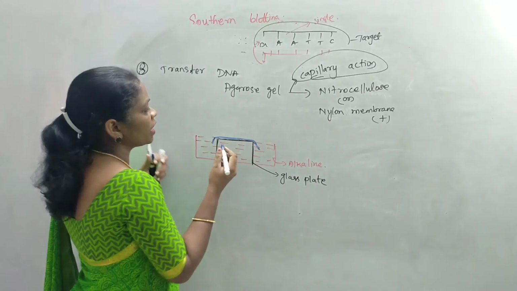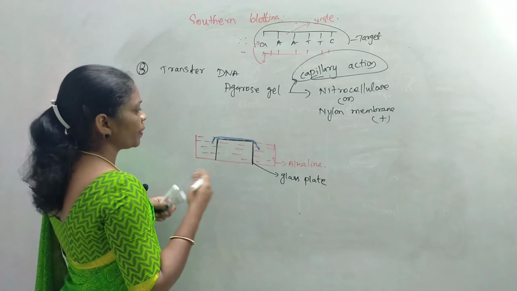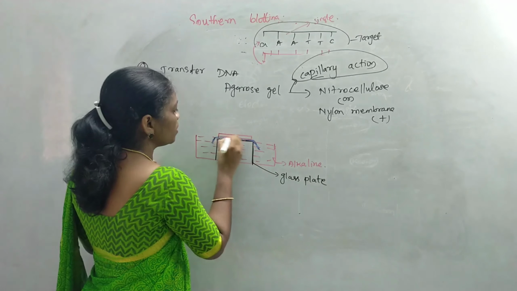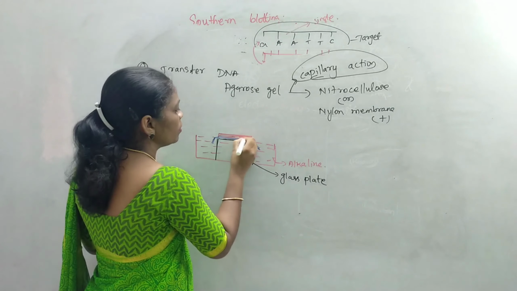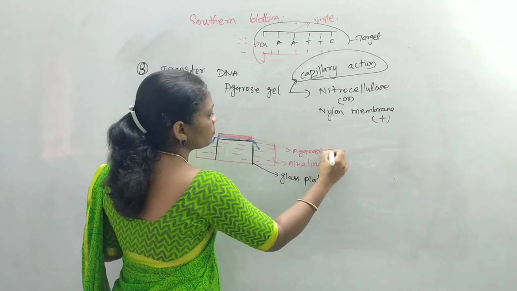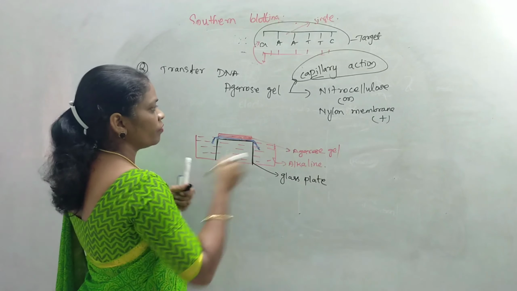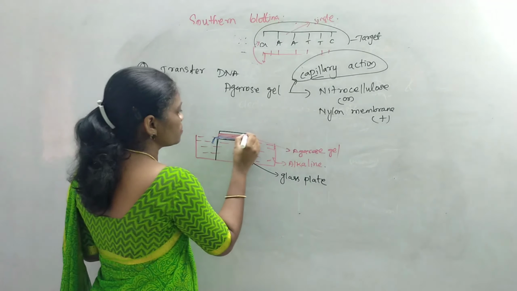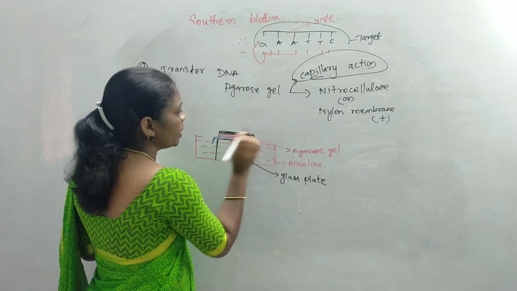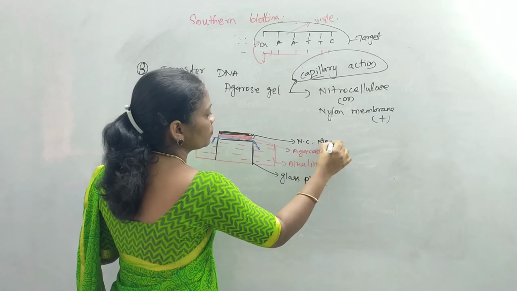On top of this filter paper, I am going to keep the agar gel. I am going to transfer this agar gel using a spatula, because it's a semi-solid structure. I use the spatula to transfer the agar gel with the DNA sample on top of this filter paper. On top of this agar gel, I am going to keep the nylon membrane or nitrocellulose membrane, because I want to transfer the DNA from the gel into the nitrocellulose membrane.